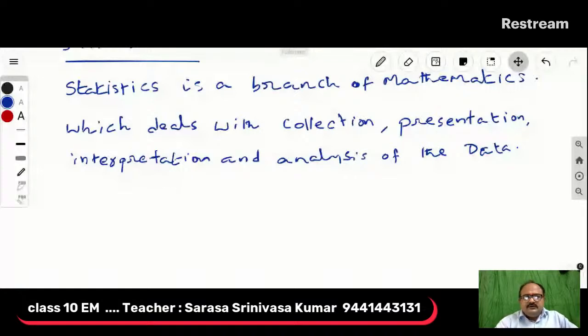Now, we can give a mathematical definition for data. What is data?